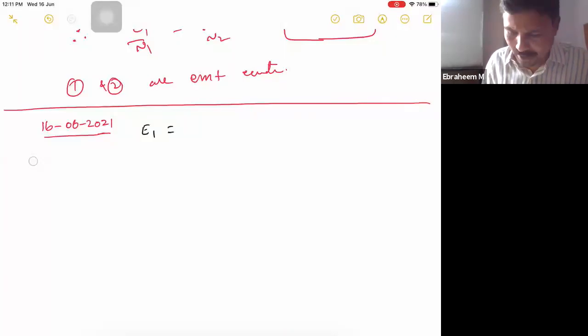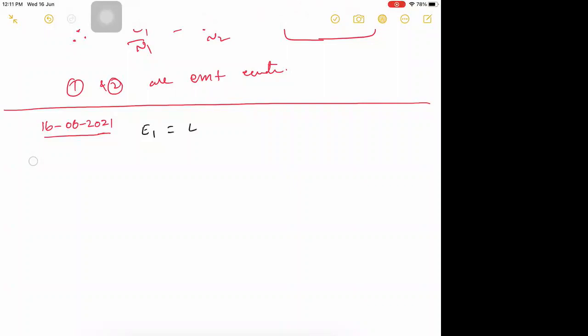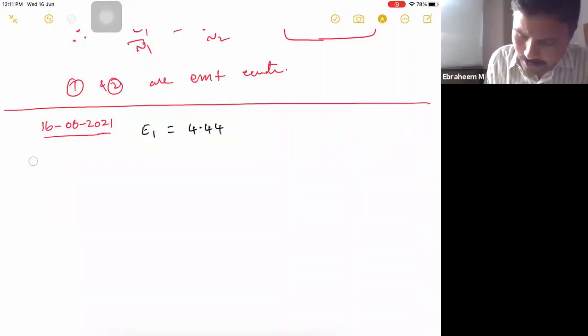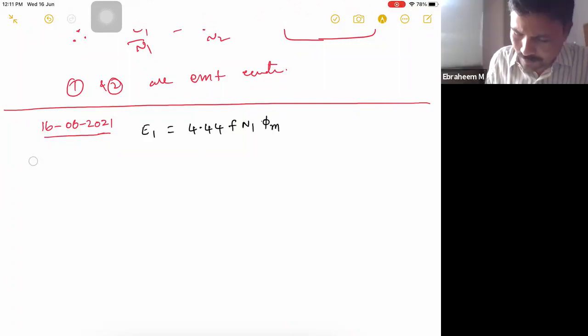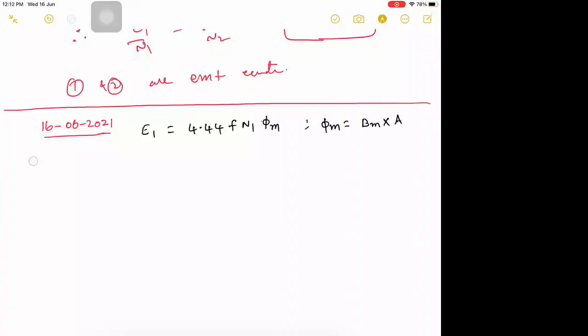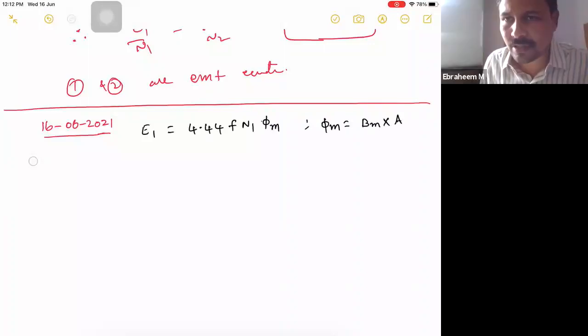E1 is given by, what is the formula? 4.44 into phi m into f into N1 into phi m. Phi maximum, where phi maximum is B maximum into the area of cross section of the core.